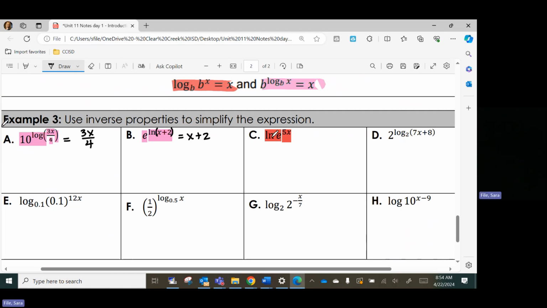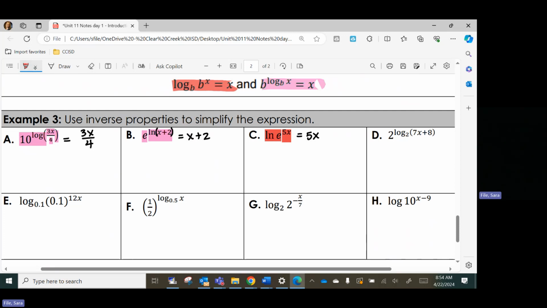Because ln tells us it's a base e, and then we're taking the natural log of e. So those are going to negate each other, and what are we simply going to be left with? The 5x. The base e is understood, so the natural log of e is going to negate.